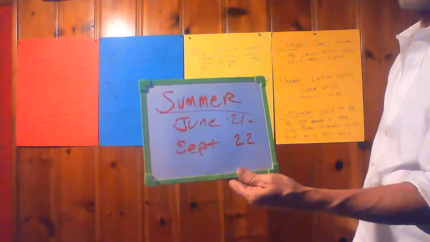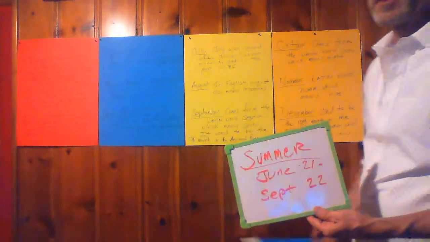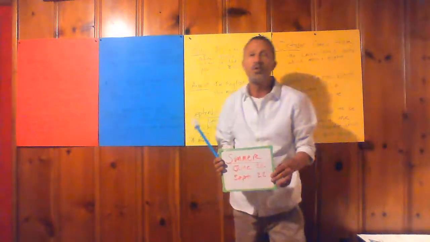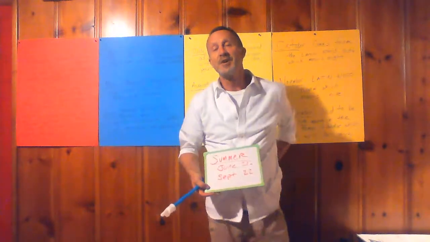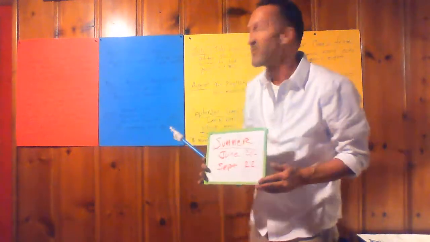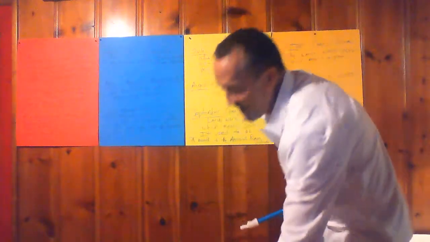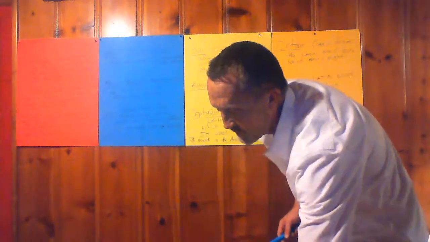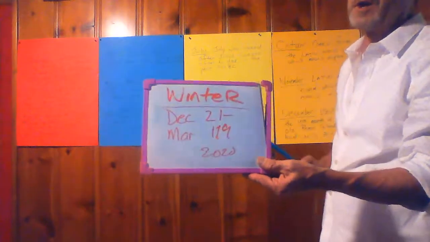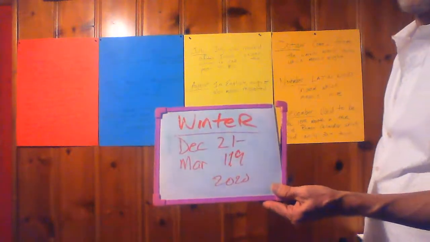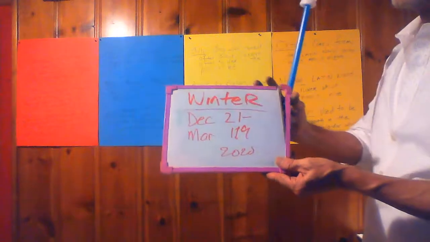Actually, summer goes all the way to September 22nd. Now, with so many schools out there, kids are starting in early August, so it seems like summer is kind of gone away. And then December, a lot of these are built on solstices. December runs from, this is for 2020 coming up, December 21st to March 19th.